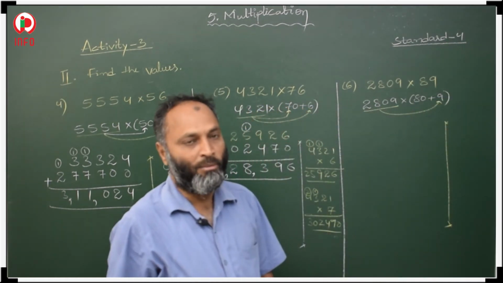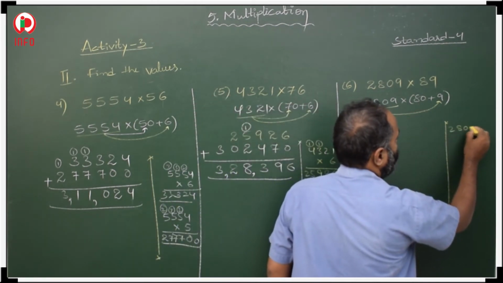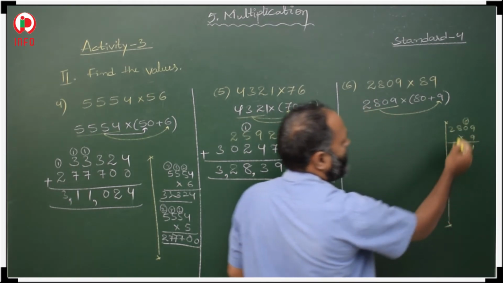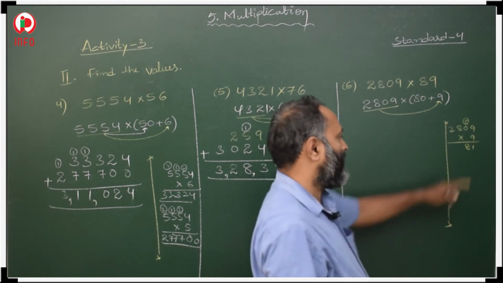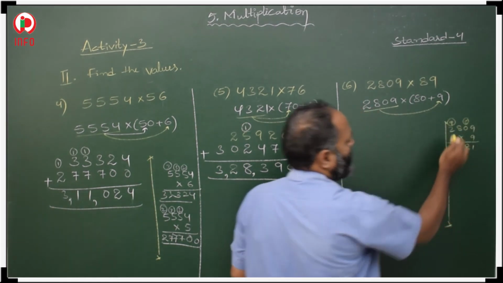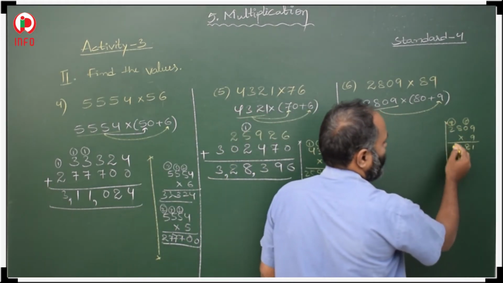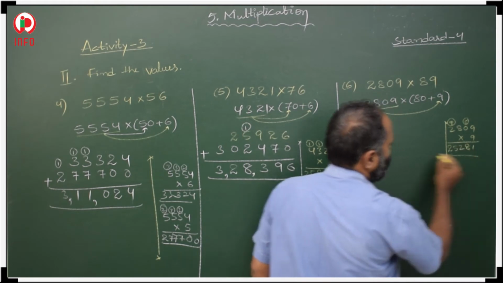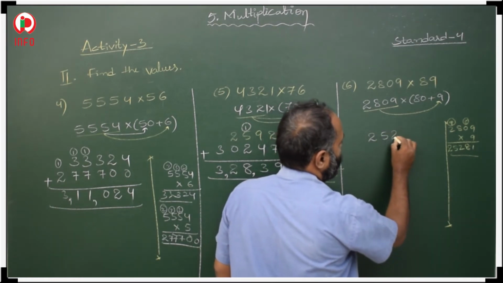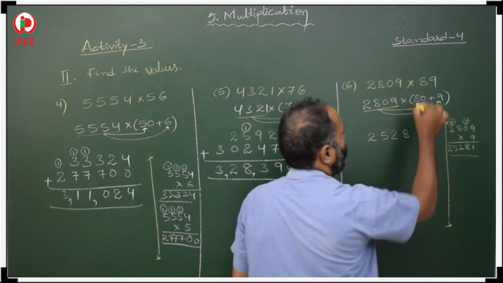Then 2,809 with 9. 9 9s are 81 and 8 here. 9 0s are 0. 0 plus 8, 8. 9 8s are 72. 2 and 7 here. 9 2s are 18 plus 7, 25. Means, what is your answer? 25,281.